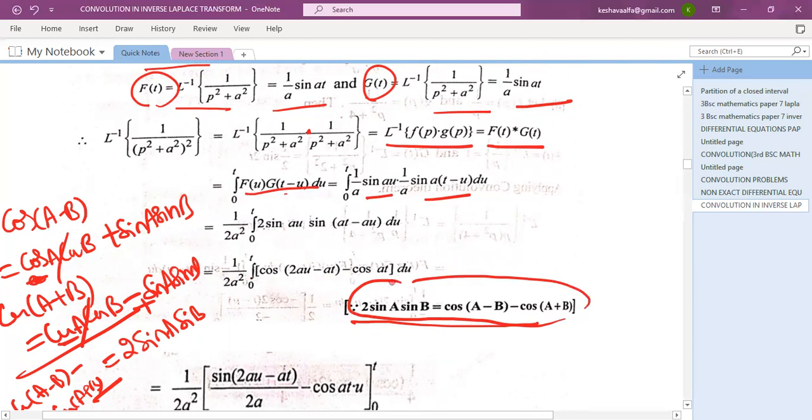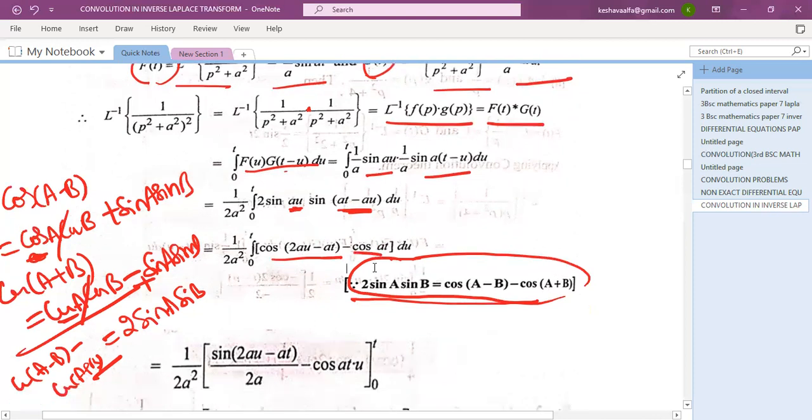Applying this formula, here a is au, b is at minus au. So cos of a minus b is cos of (au minus at plus au), so we get cos of (2au minus at), minus cos of a plus b, which is cos at. Now integrate.